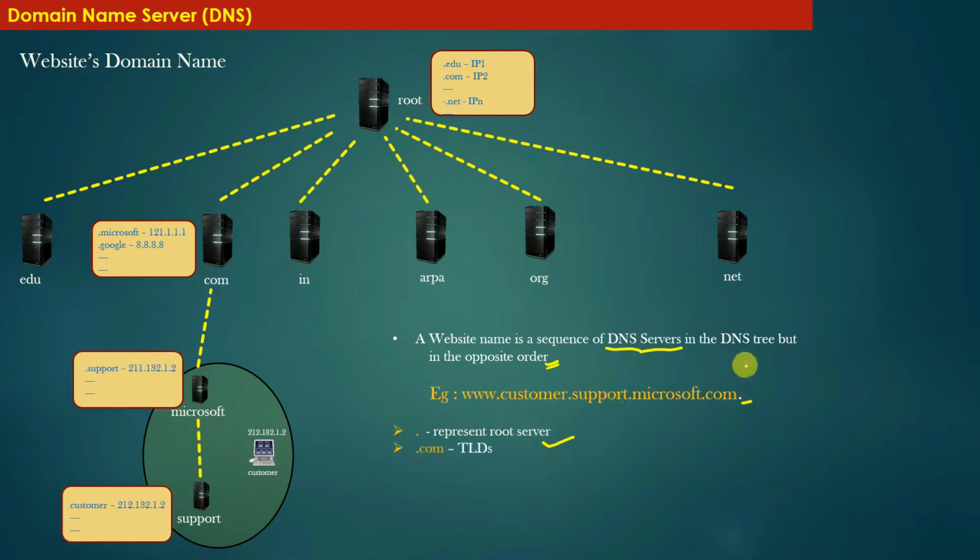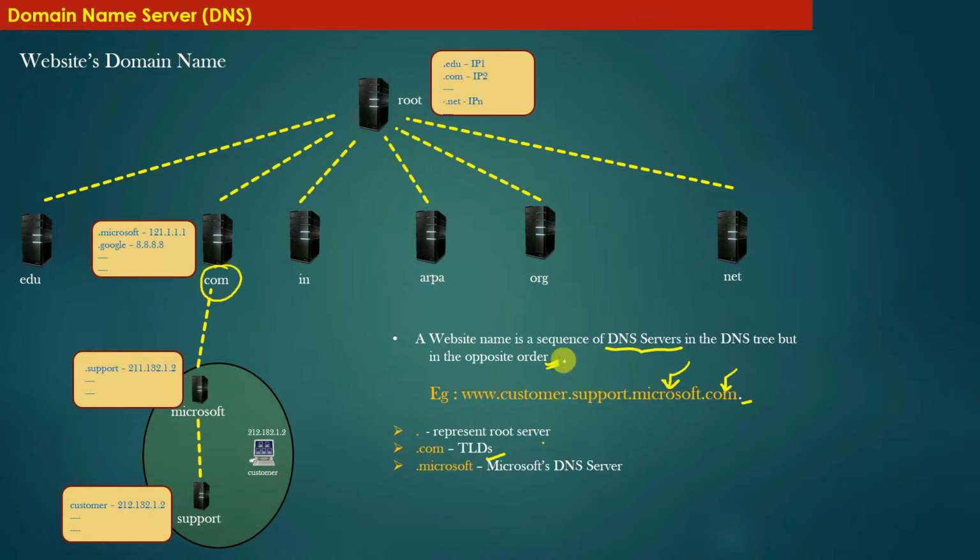Then the first literal from the last is com. Clearly, .com represents the top level DNS server, that is this one. Then the second literal from the last is Microsoft. So again, .microsoft is the DNS server of Microsoft Corporation.